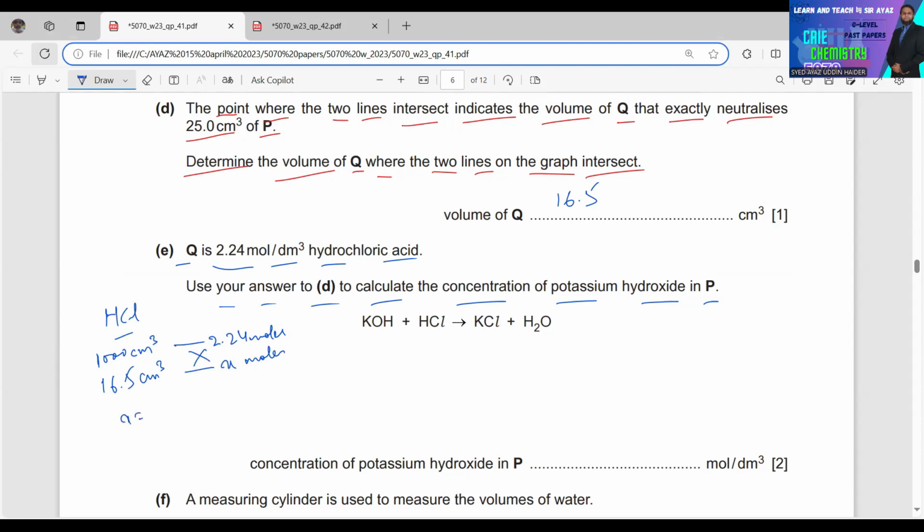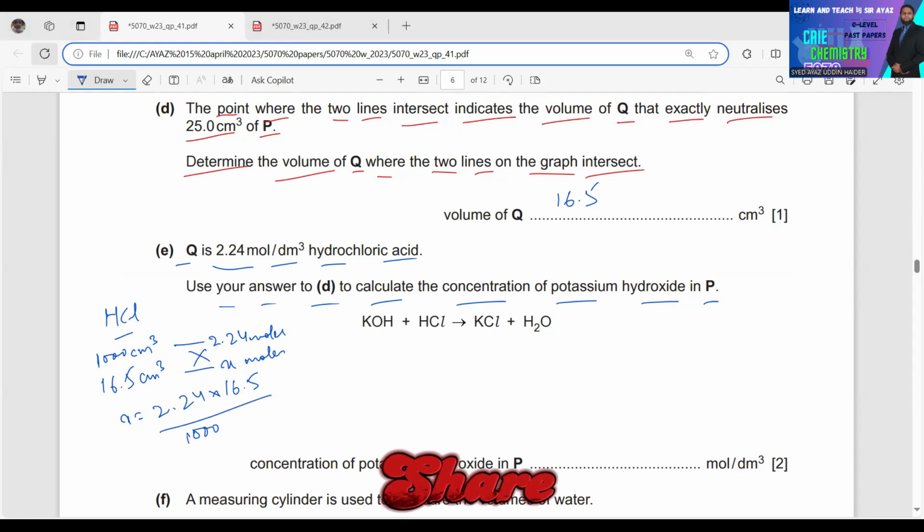Do the cross, what you'll get? X is equal to 2.24 multiplied by 16.5 divided by 1000. These are the moles of HCl, 0.0369.